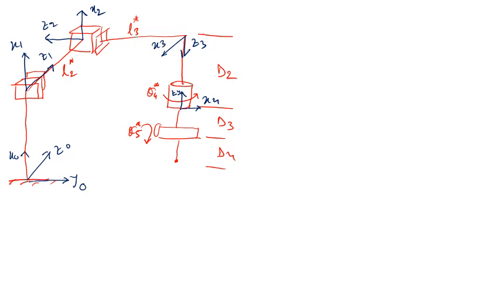Z5 also, by the right hand palm rule, should be in this direction, so this is Z5, and X5 should be perpendicular to both Z4 and Z5, so this is X5. Finally Z6 can be in the same direction as Z5, but X6 cannot be the same direction as X5 because X6 has to be perpendicular to both Z5 and Z6, so we put X6 in this direction. Okay, so this is the frame assignment.